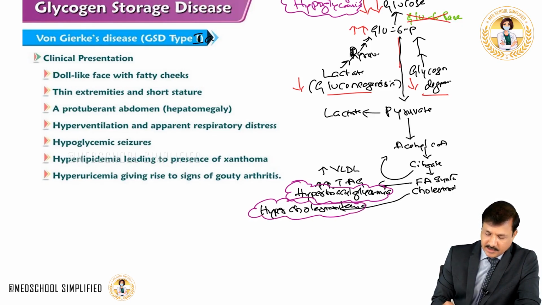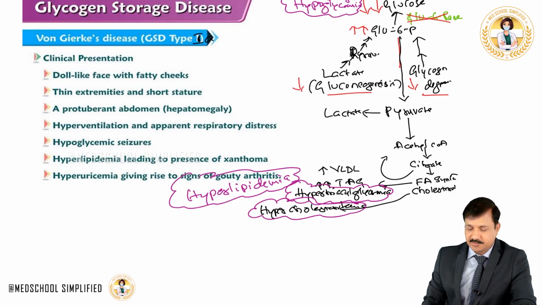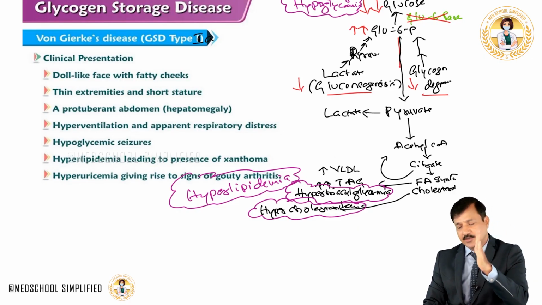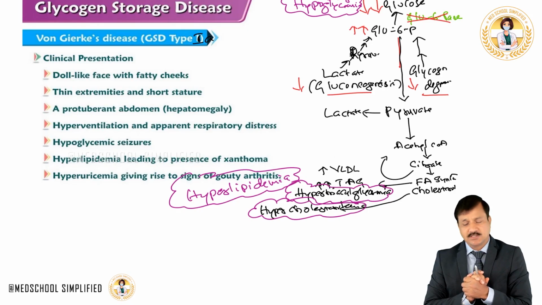So together it is hyperlipidemia. Excess cholesterol and triacylglycerol, it is hyperlipidemia. That is because of diversion of acetyl-CoA into the TCA cycle, citrate moving out of mitochondria into the cytoplasm and being diverted into fatty acid and cholesterol biosynthesis.